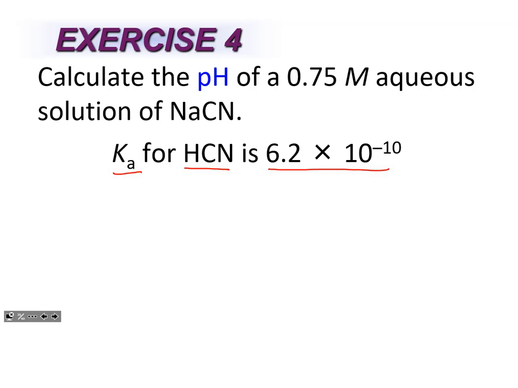So what do we know? We have the cation, that's sodium here. We have the anion, that is cyanide. Is sodium cation, is that neutral or is that acidic or basic? What type of cation is that?